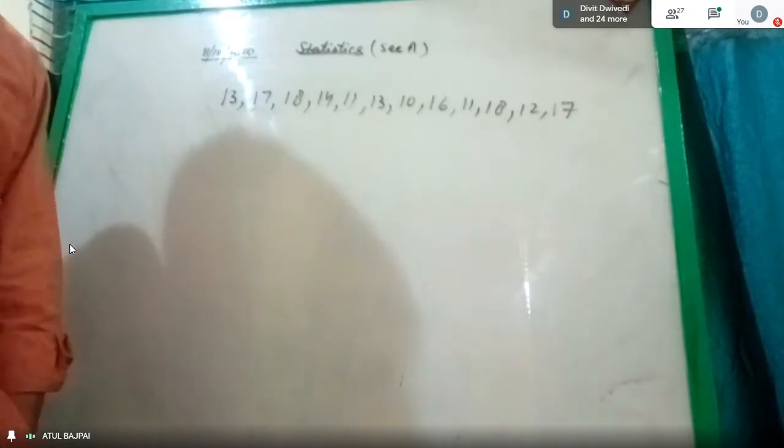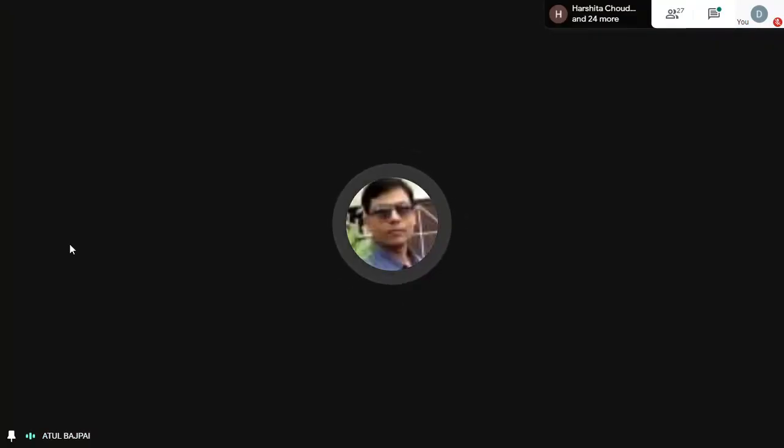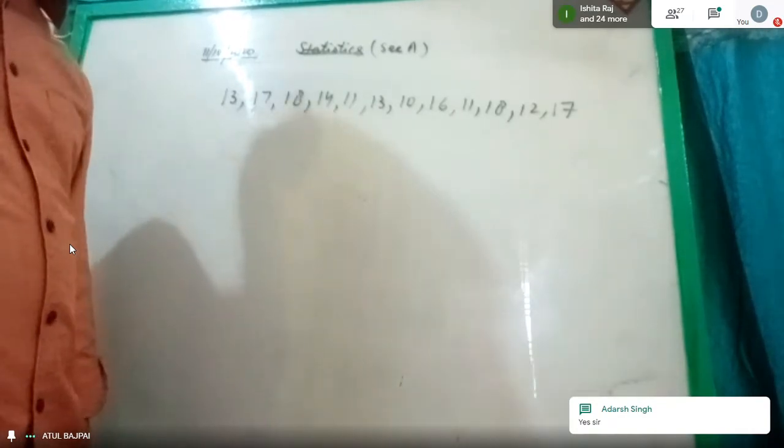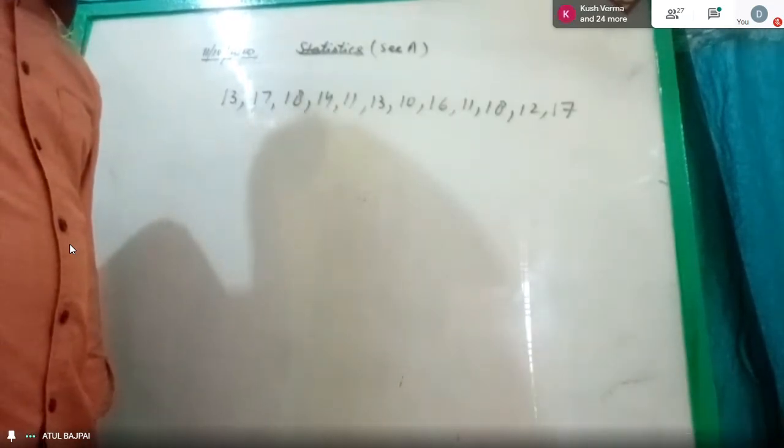11N, who's there? Anyone from 11N? Yes, sir. I'm talking to 11N. Ina, Ishan, would you take the attendance of those who are attending from your section? Is it possible for you? Can you take the attendance of the students from your section who are attending?